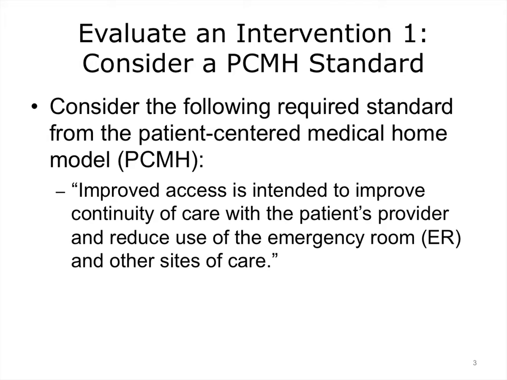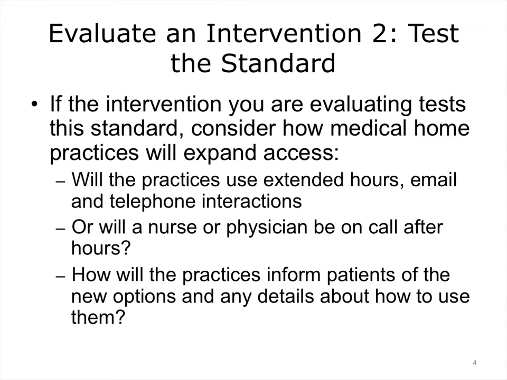As an example, consider one of the standards the medical home model requires below. Improved access is intended to improve continuity of care with the patient's provider and reduce use of the emergency room, ER, and other sites of care. Consider the pathway described above and link implementation to outcomes for PCMH expanded access.